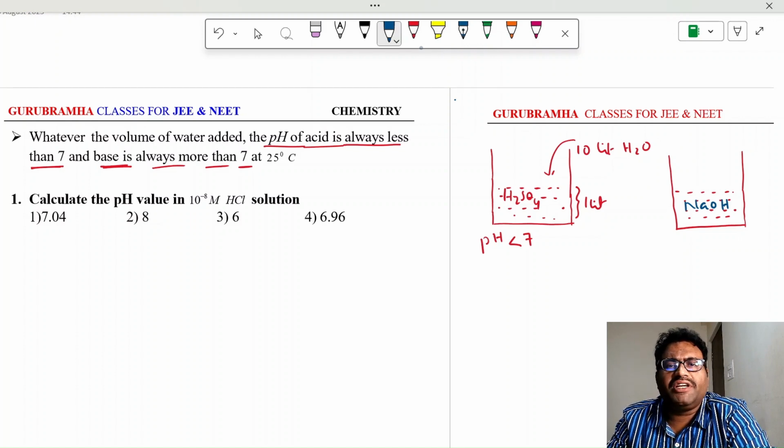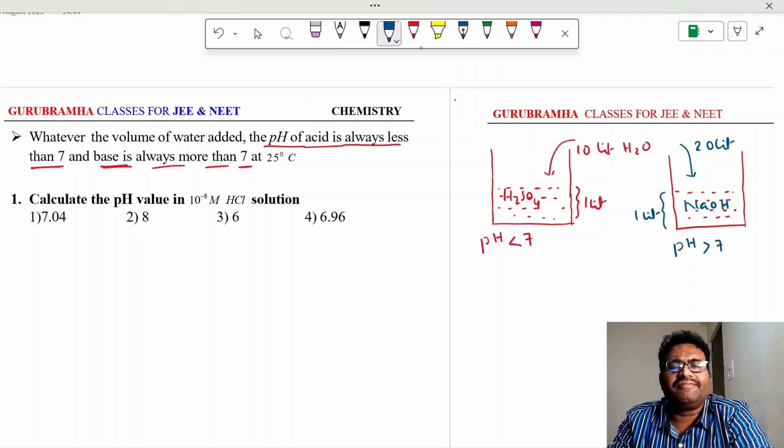No doubt its pH is greater than 7. Say 1 liter of NaOH solution, and now you have added 20 liters of water. Will its pH become equal to 7 or less than 7? No. Its pH will always be greater than 7.